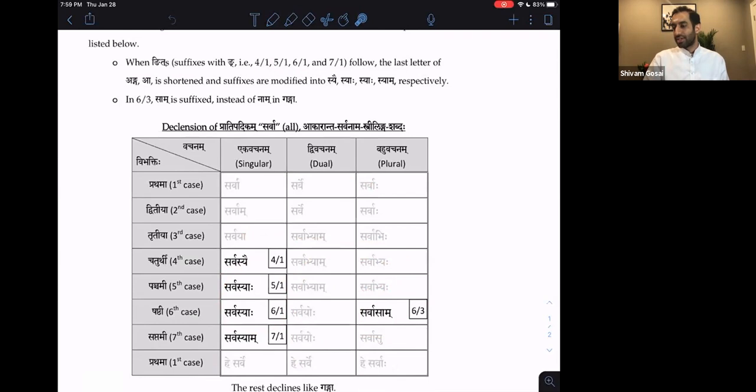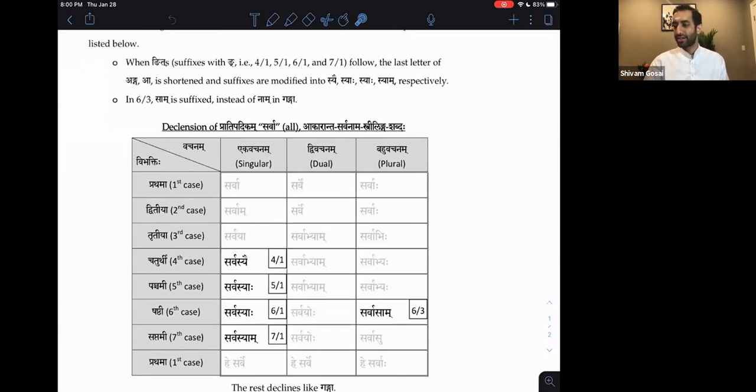Now, just like when we saw Sarvā in masculine and neuter, you sometimes get that additional sakara in there, right? Like 6-1 of Sarvā in masculine, Sarvasya. We know that sakara comes in when we do the Sarvā. Now, just like in masculine or neuter, the sakara will come in here as well.